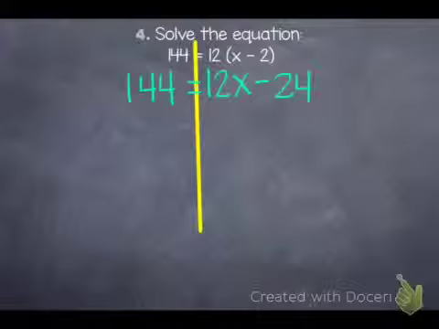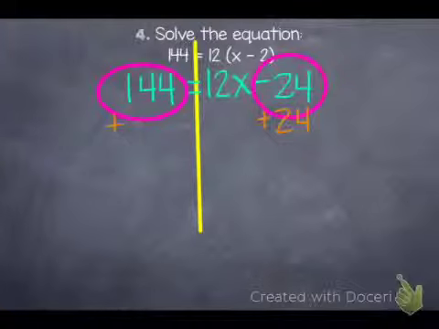So now, if you're a shape coder, and I hope a lot of you are, not that it's as hard on these, but you're definitely going to have problems where this will be useful. Find your terms that are like terms. Notice that neither of these have an x, so we can combine them. I want to get this 24 over here, so I want to do the opposite. So the opposite of -24 is to add 24 to both sides.